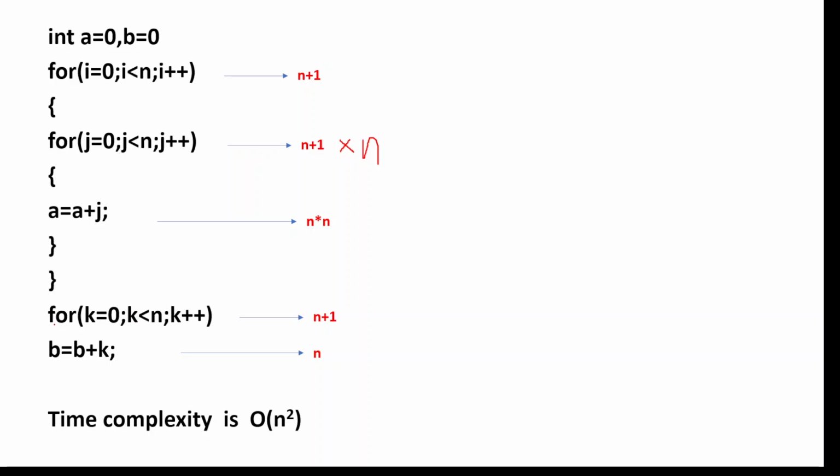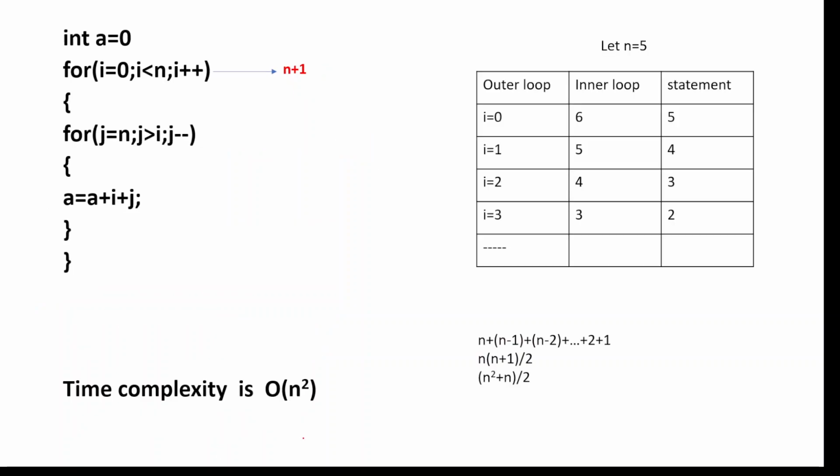Now we have another for loop which is not connected with these two for loops, because this for loop is starting here and ending here. This is a disconnected for loop, which is again ranging from 0 to n, and hence this for loop will get executed n plus 1 times, and the statement within it, b equal to b plus k, is getting executed n times. Now if you look into the degree of the polynomial, the highest degree of the polynomial is n square. Hence the time complexity can be represented as order of n square.